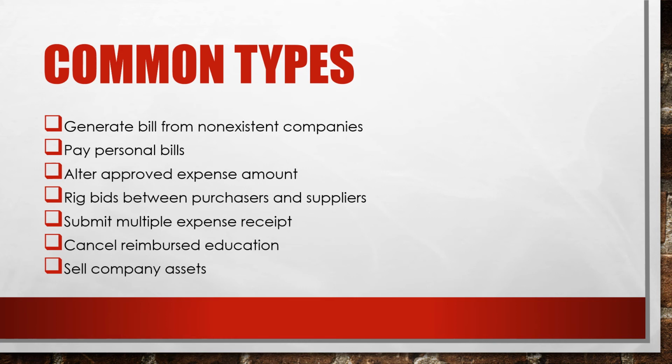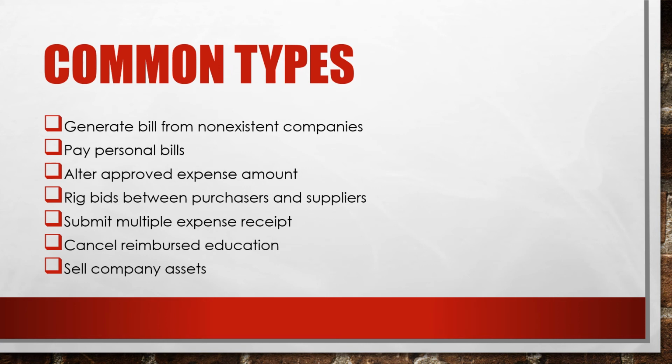Rigging bids between purchasers and suppliers. That is considered as fraud. And then submit multiple expense receipts. So, for example, nag-incur mo og transportation expense sa company and then nag-submit siya og multiple expense receipts bisag isa lang ka transaction, duha ka book iyang gi-claim or duha ka book iyang gi-considered as paid.